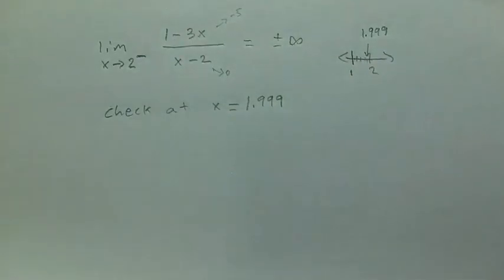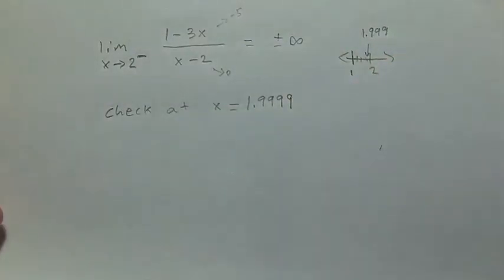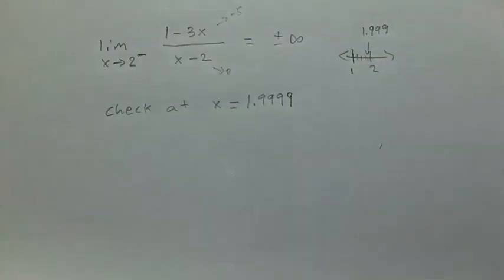Now, there's some people who will try and pick things like 1.5. Wrong. You've got to get really close. You've got to get really, really close. And that's kind of the unfortunate part about this, is we want to get really close. So let's get even closer just to make sure, because you've got to make sure you're close enough to actually get the blow up.